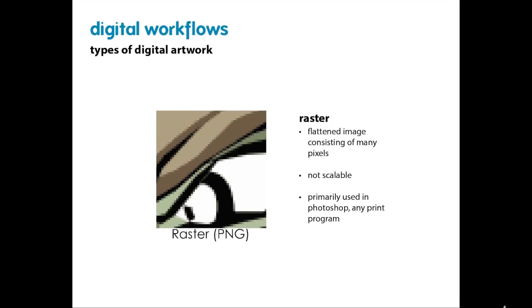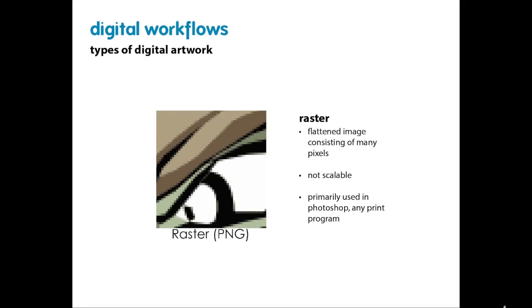And then put this into contrast with a raster, which is a flattened image consisting of pixels. And so you can see here how there's a jagged sort of sawtooth look around all of those edges. And that's because when you're working with rasters, it's effectively a grid of pixels where each little square has its own color value, and that color value is fixed in space.